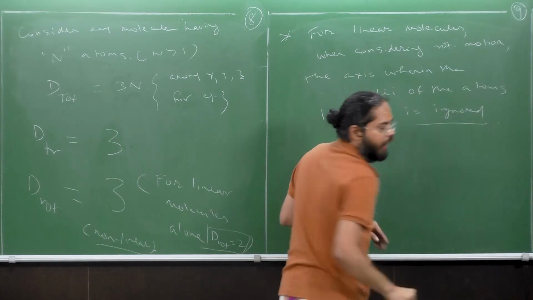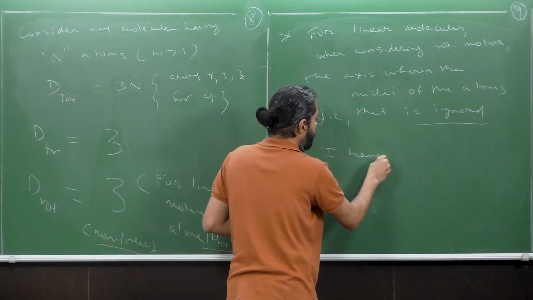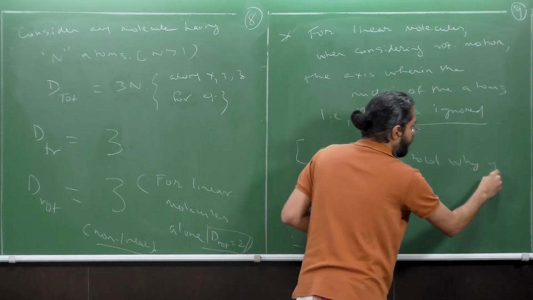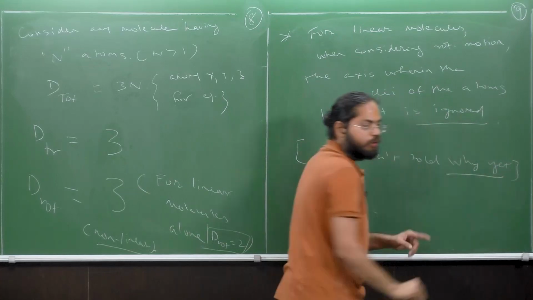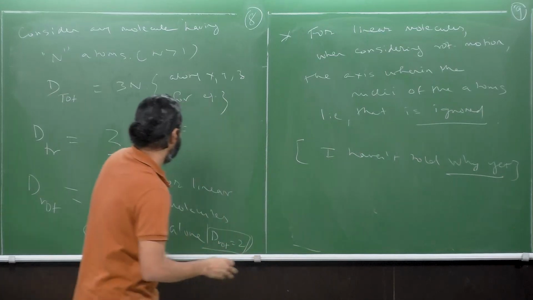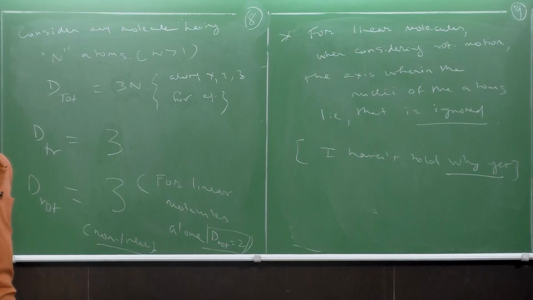Notice that I haven't told you why yet. Of course, I'll tell the answer in the tutorial. So therefore, the total number of rotational degrees of freedom for a linear molecule is only 2.